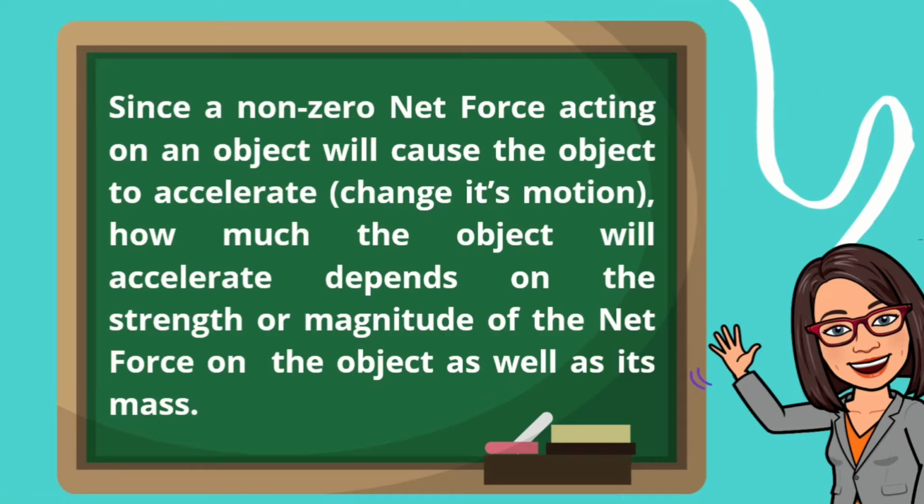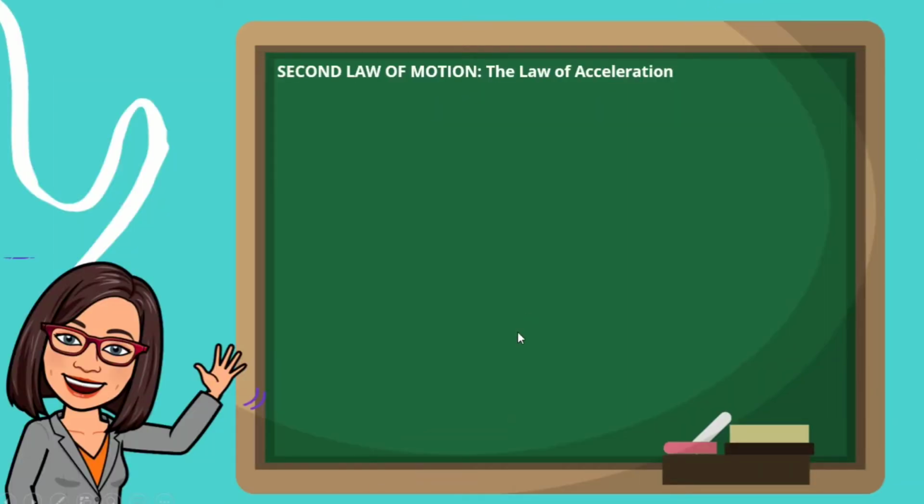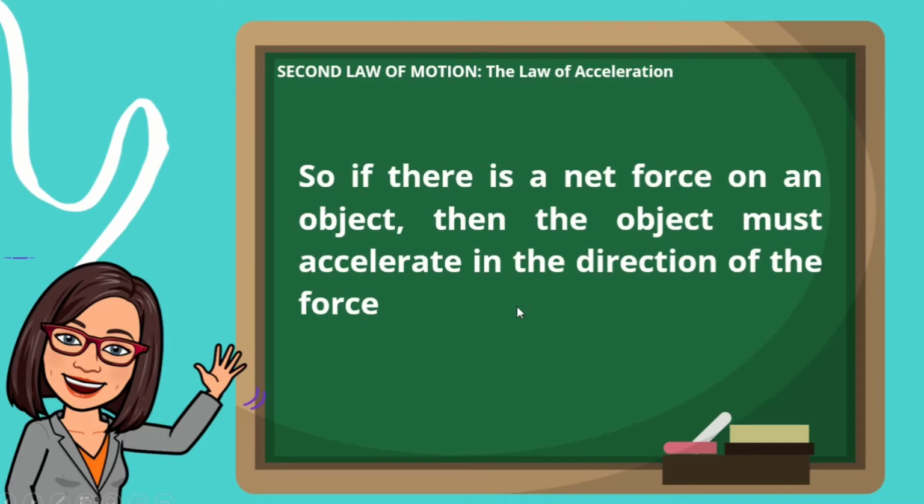For Newton's second law, we will be focusing on the strength or magnitude of the net force on the object and the mass of the object. So if there is a net force on an object, then the object must accelerate in the direction of the force.